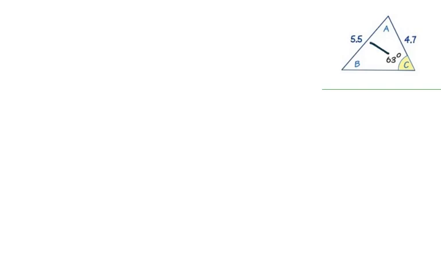So 5.5 matches up with angle C, which is 63 degrees. The side length of 4.7 matches up with B. And the angle A matches up with, well, we don't know what side length A is. Now, again, the point here is we're not trying to solve for that side length. We are simply trying to solve for angles A and B.